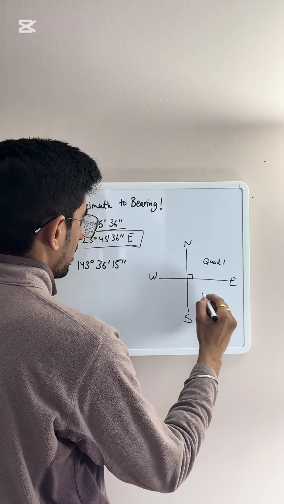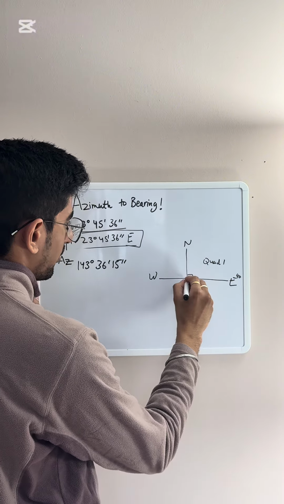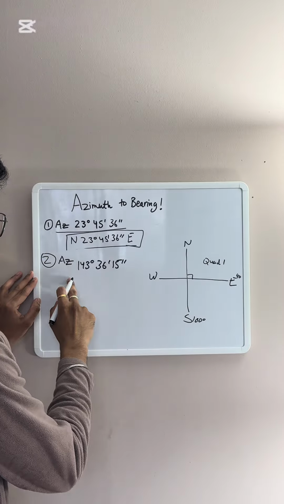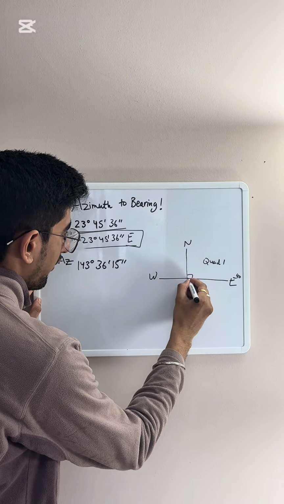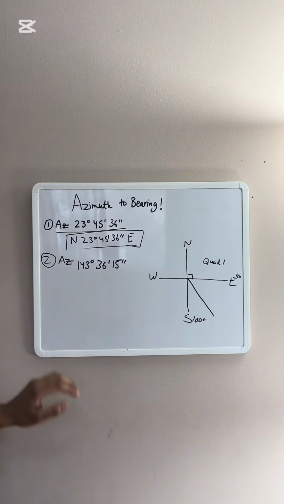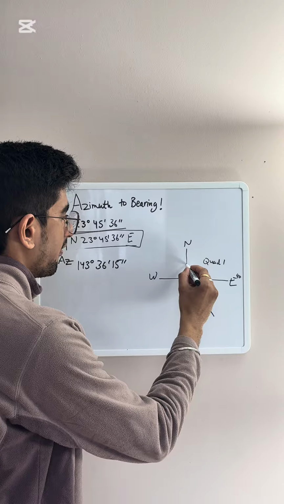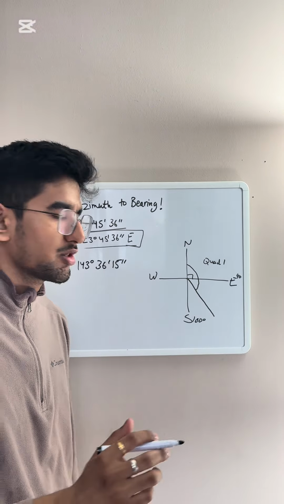It's in the second quadrant because this is 90, this is 180, so the line lies between these two. It says 143 degrees, so roughly the line would be somewhat like this.